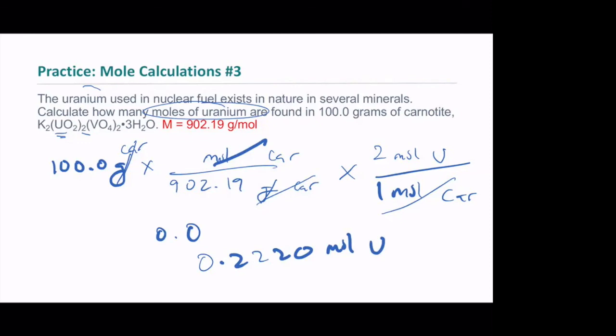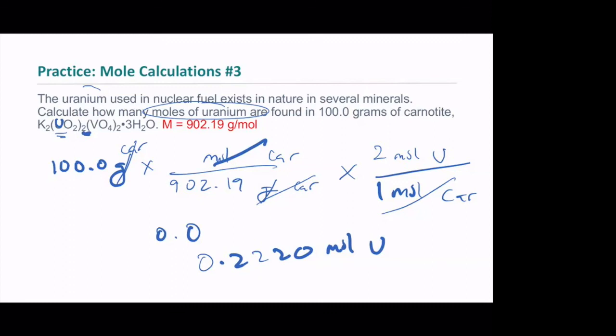Right here. There's a 2 here and you're outside the parentheses, so that means there's 2 uranium. So it's almost like you've got subsets, right? You've got this mineral, but you've got 2 uranium in that mineral, and you've got 2 potassium. So that's why we need this last step.